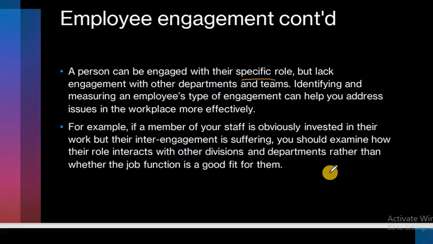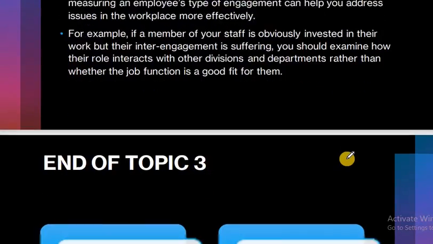How do you relate with others in other offices, in other departments? Are you just on your own alone? This makes you judge or measure the inter and intra engagement.